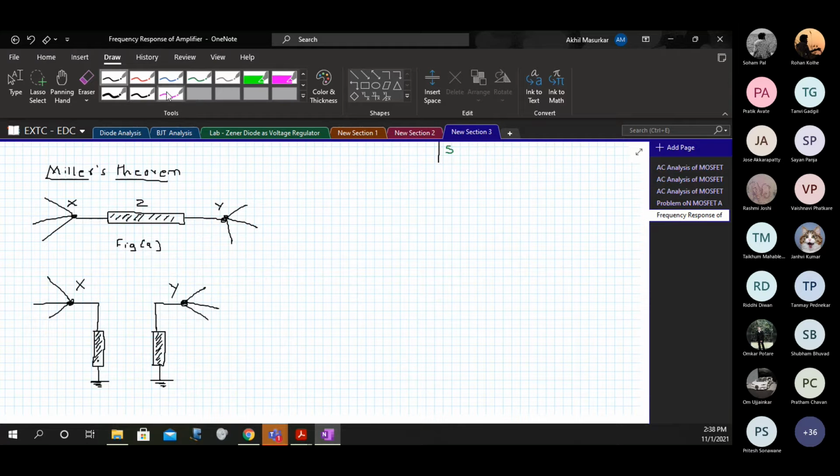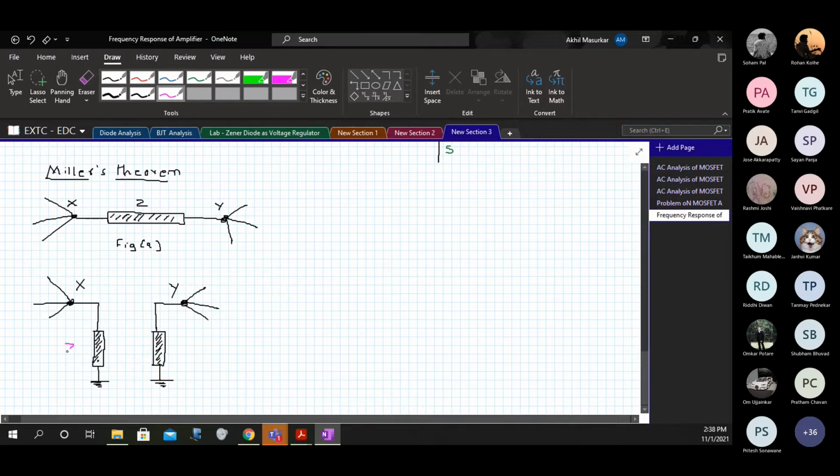We can split them into two impedances, and we can call them Z1 and Z2.